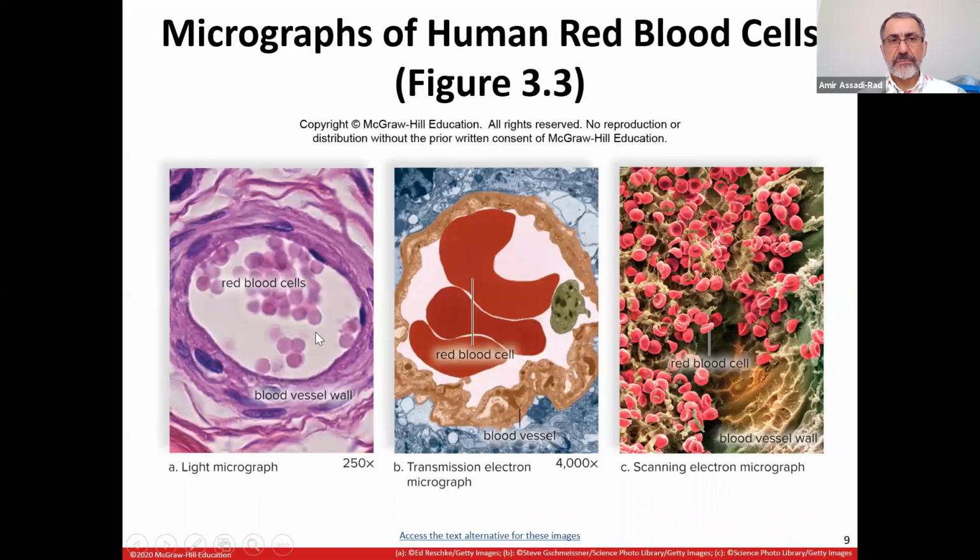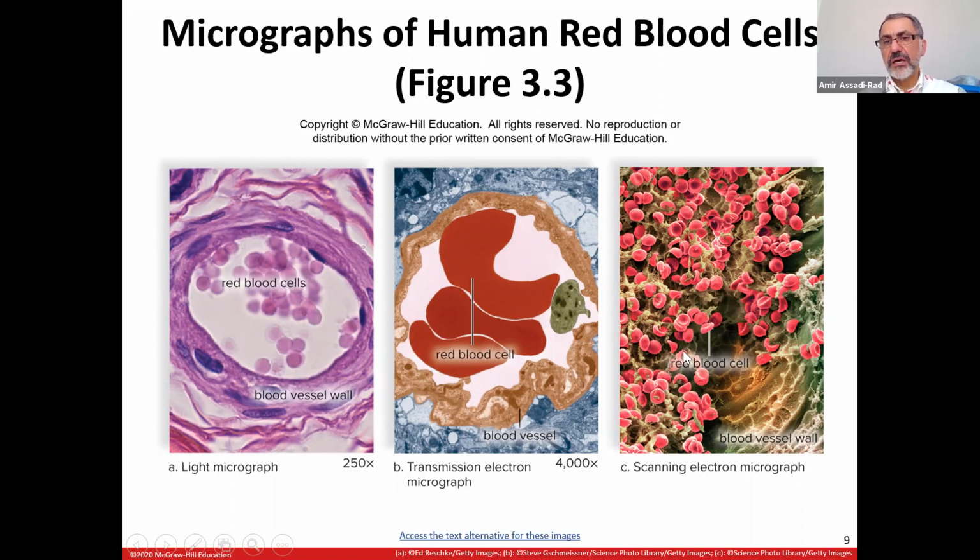Here is the light microscope, and here's a transmission electron microscope. What happens, the difference between scanning electron microscope and transmission electron microscope: with transmission, they cut the cell so you can see inside of the cell. With scanning electron microscope, you see a three-dimensional feeling.